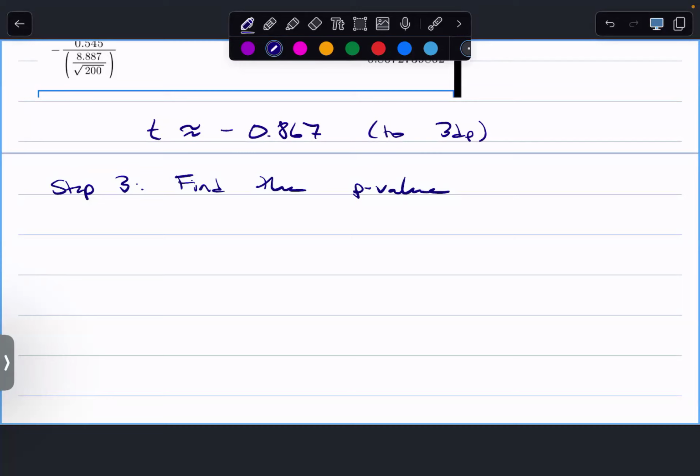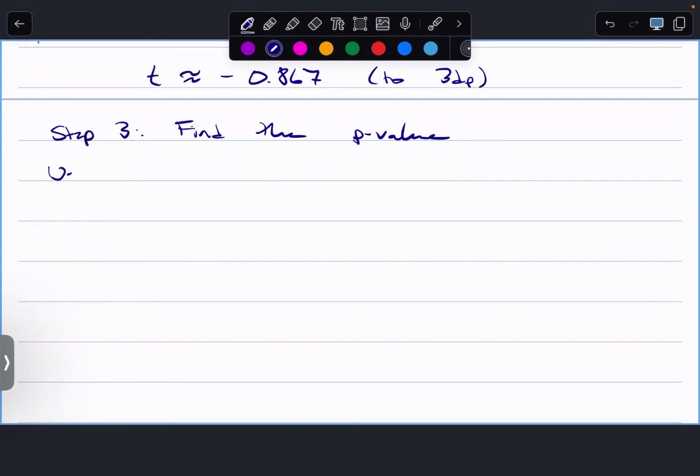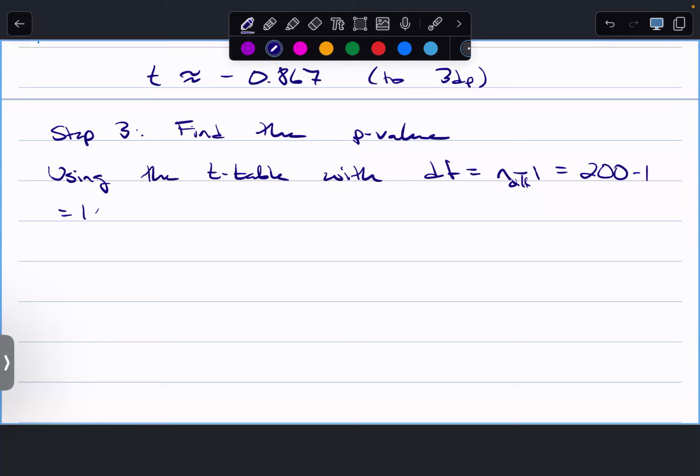We use the same setup that we had for the z's to find the p-value using the t-table. I just need the degrees of freedom first. What I like to see is if you tell me exactly what you're doing: using the t-table with degrees of freedom equal to n diff minus 1, which is 200 minus 1, which is 199.